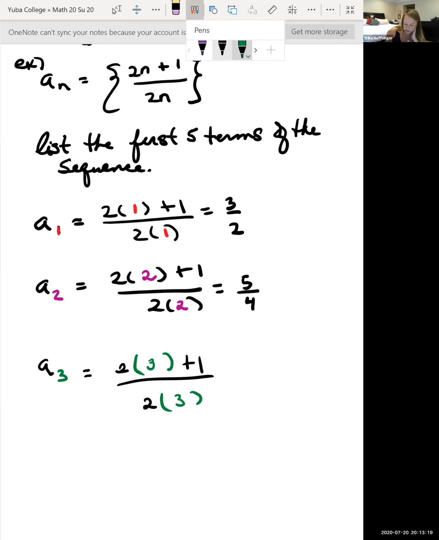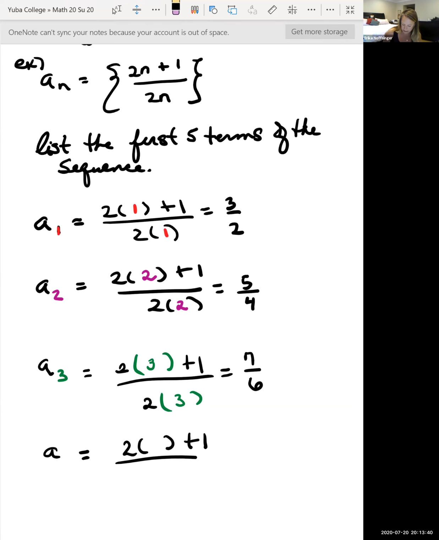So 2 times 3 is 6, 6 plus 1 is 7, 7 all over 6. We're going to do this 2 more times because I wanted the first 5 terms. So for a sub 4, this is equal to 2 times 4 plus 1 all over 2 times 4.